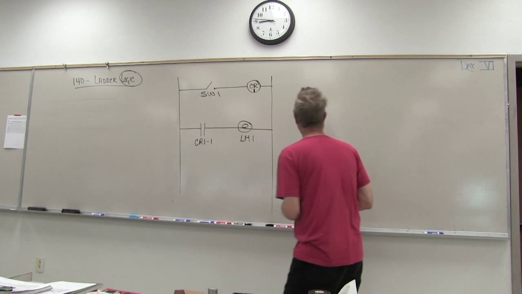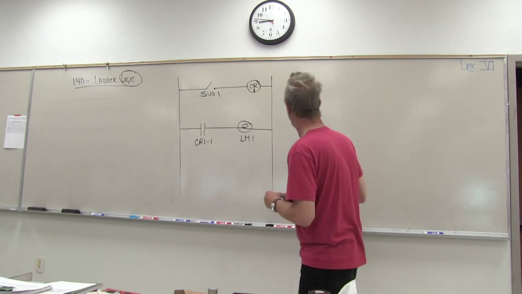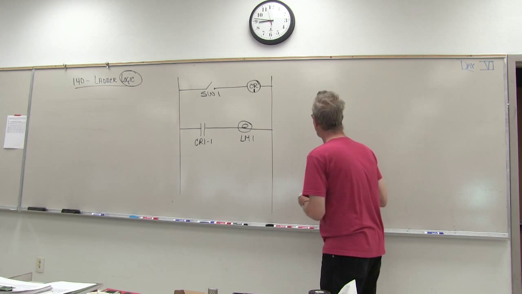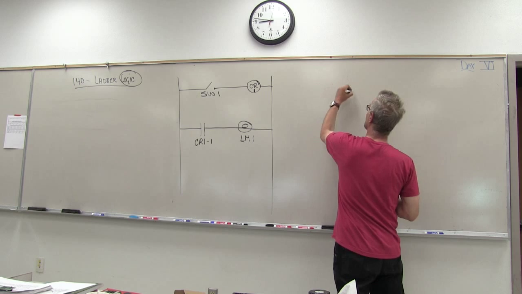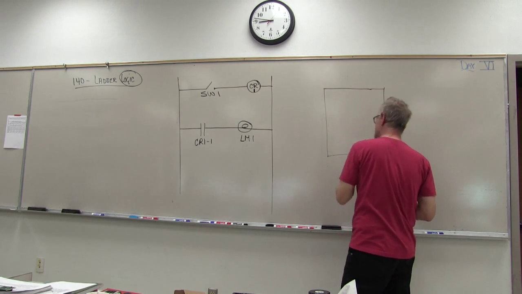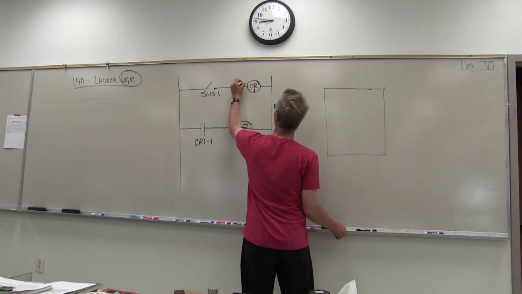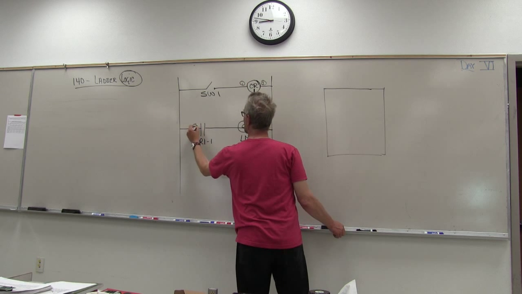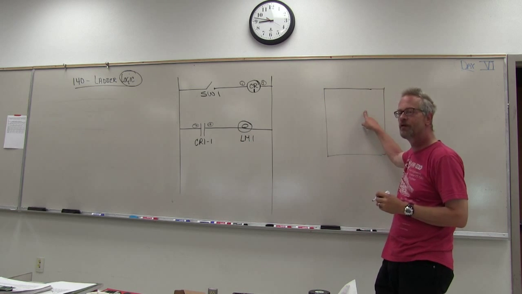Okay? Here's what's going on. Normally open. We're going to talk about this in more detail, but yes, normally open. Let me kind of draw this up magnetically for you. I'm going to take my control relay, and I'm going to just call it a box. You've got one sitting in front of you, right? And let's call this terminal 1, terminal 2, terminal 3, and terminal 4, just for the purposes of this drawing.